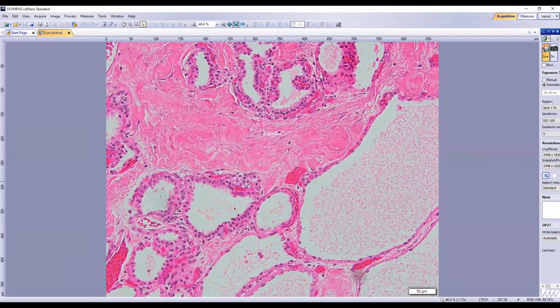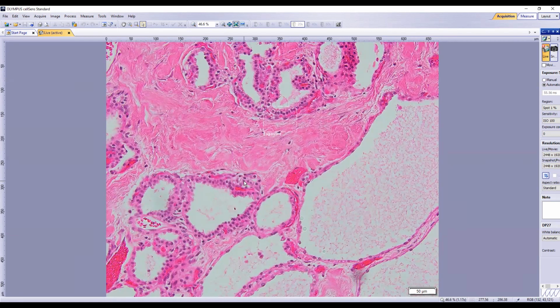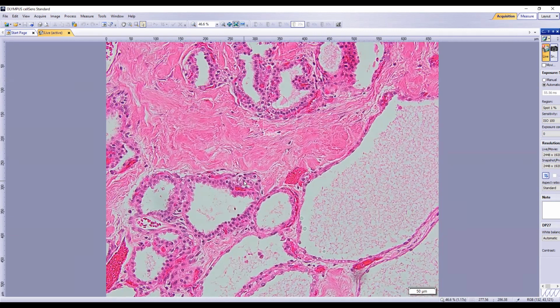Anyone want to speculate what cyst this might be and suggest any staining if needed? You could make an H&E diagnosis. You don't necessarily need a stain. Or do we have too many participants here? We have some.